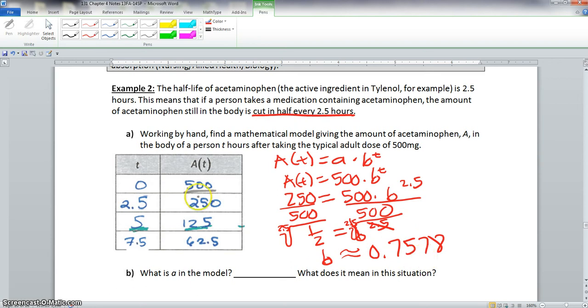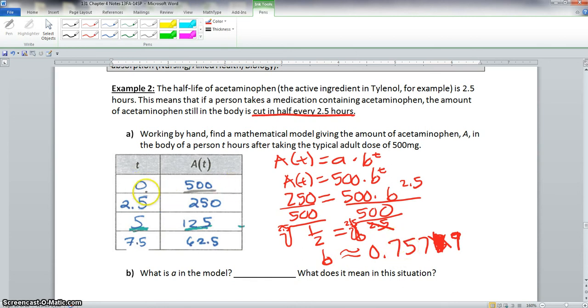Okay, class, I said the final answer was B is approximately 0.7578. It actually should be 0.7579, not 78. That was a slight error. Now, another thing. If you notice, when we look at this model, this is going down by half. So you may ask yourself, why isn't B 0.5? The reason is this.